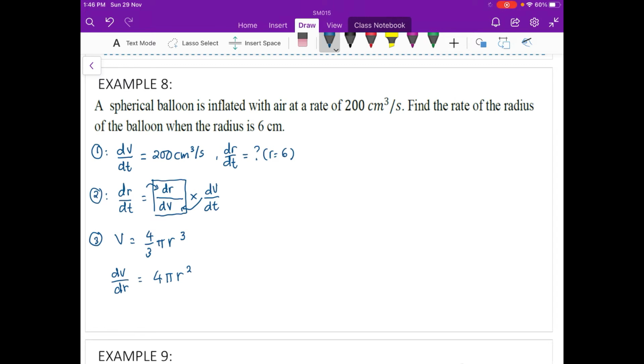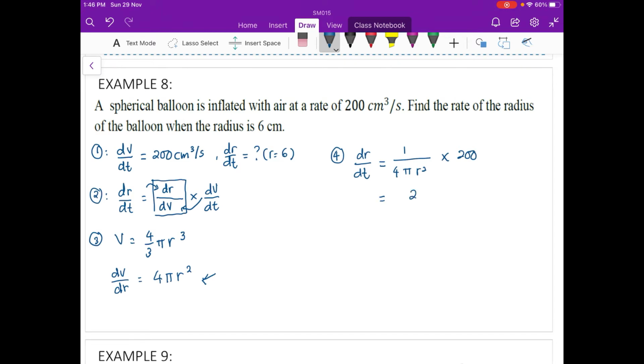Now moving on with the fourth and last step, we put this equation back into our chain rule. Our chain rule is dr over dt equal to dr over dV times dV over dt, but we obtained dV over dr, so we have to flip our equation. We will have 1 over 4 pi r squared times dV over dt, in this case 200.